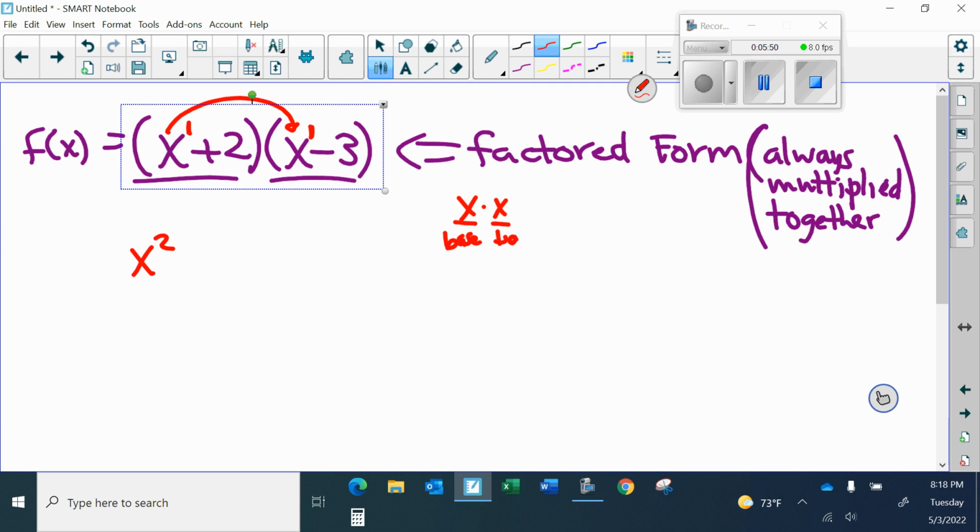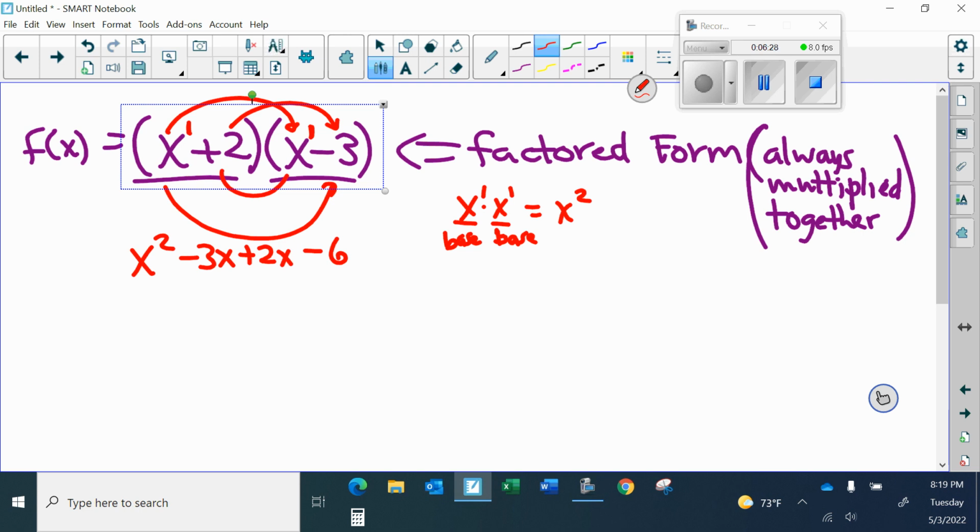When I'm multiplying like bases, so both those bases are x, I add the exponents. So I have to know it's 1 and 1, and I get 2. Okay, so x times x, x squared. Okay, x times negative 3 is negative 3x. 2 times x is 2x. And 2 times negative 3 is negative 6. Okay.